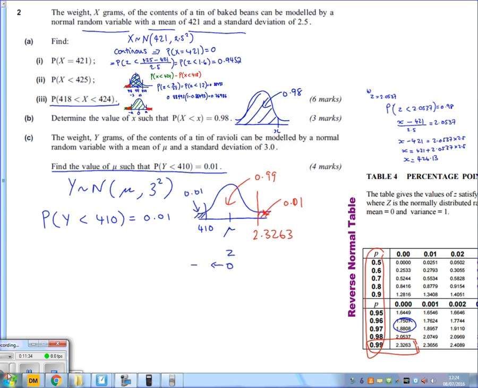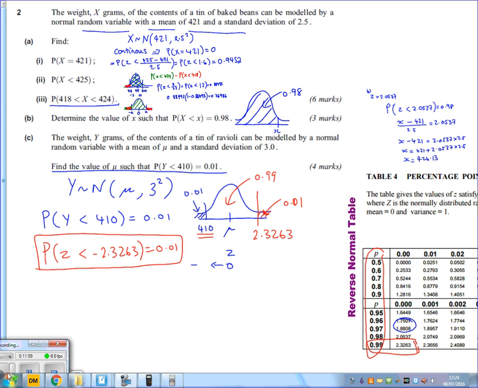So we've already just said that I want the negative version of this one, because I actually want this value here. So the probability that z is less than minus 2.3263 is equal to 0.01. So I've just rewritten the question using my z distribution there.